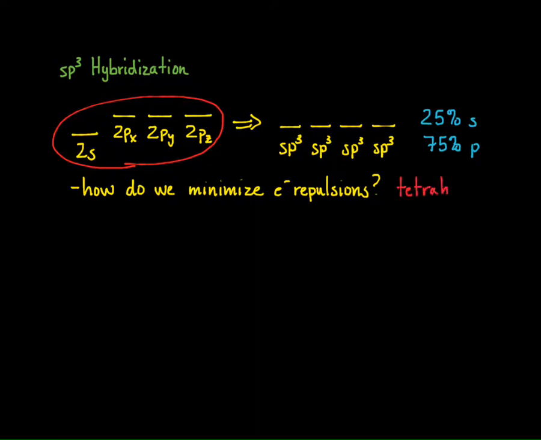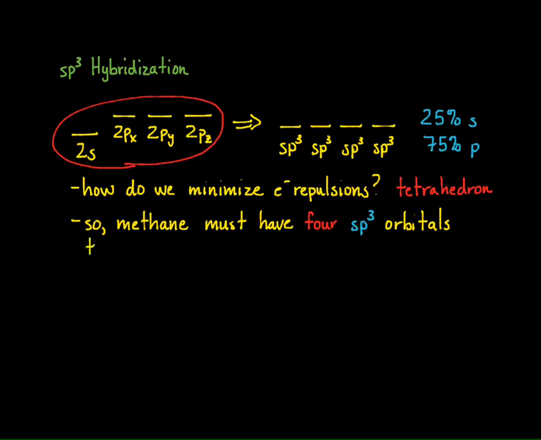The best way to do it is a tetrahedron, not a square planar, but a tetrahedron. So remember, in general chemistry we learned that when there are 4 electron groups around an atom, those electron groups separate themselves into a tetrahedral fashion. So methane must have 4 sp3 orbitals that are all equivalent, right?